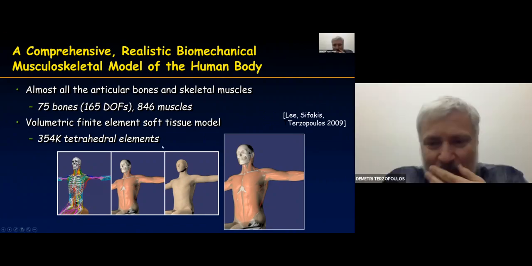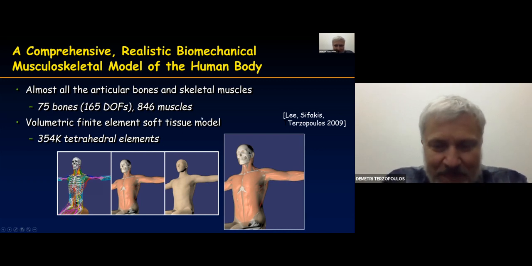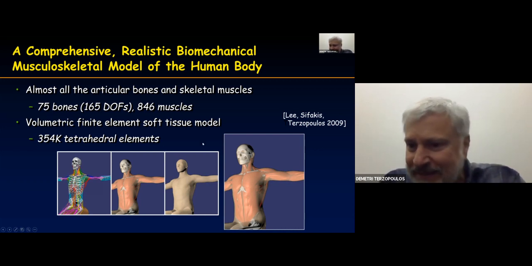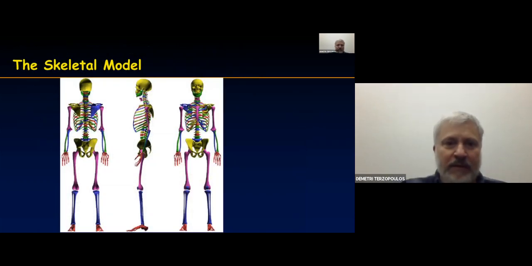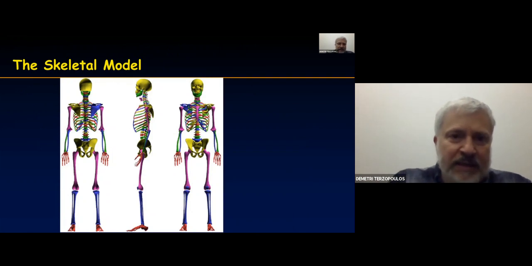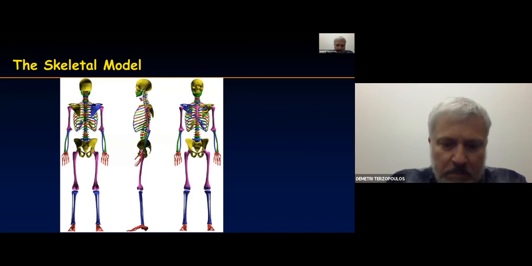Well, I appreciate the very kind comments that some people have put in the chat as well. So let me press on with the full human body model and how much progress we've made on that. Here you're looking at the skeletal model itself, and you can see all the bones are modeled accurately and anatomically correct.